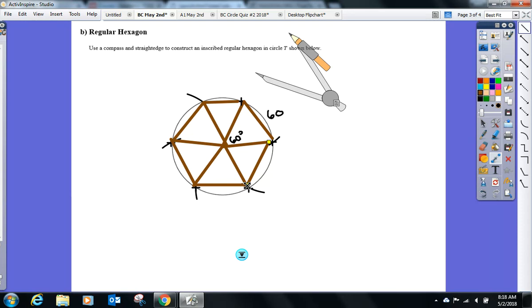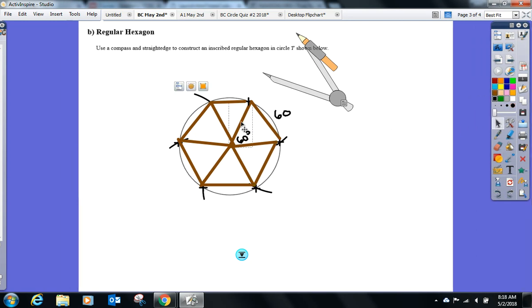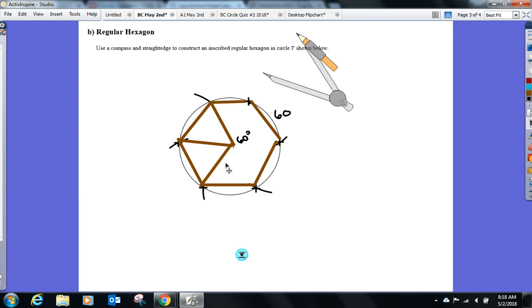And I'm going to get rid of those radii now. So draw the radii and then get 6 congruent arcs from the radii.